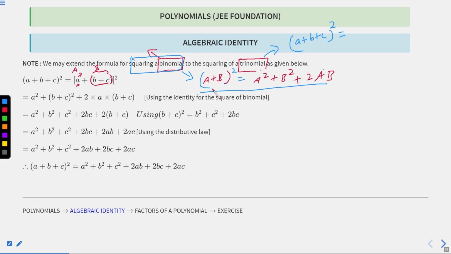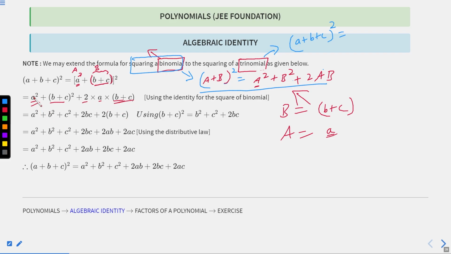So I get small a square plus (b plus c) whole square plus 2 times a times (b plus c).